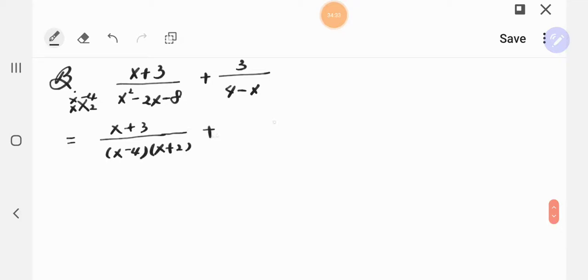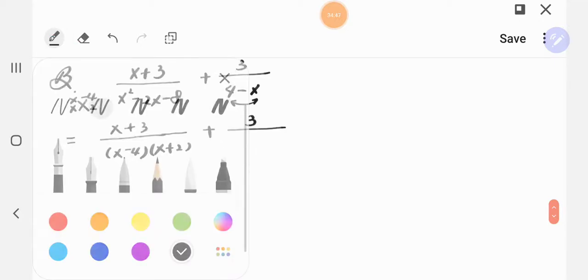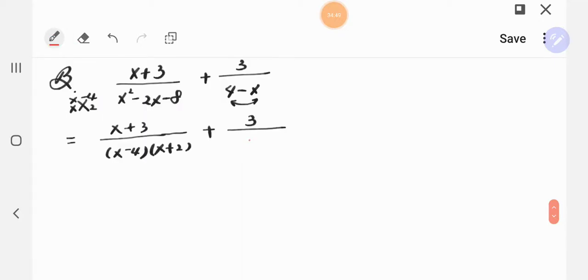All right, and the plus 3 over. Look at this. We have x minus 4 as one of the factors in the denominator. But if we switch these two, then there will also be x minus 4. So why don't we switch this and then put the negative sign outside?